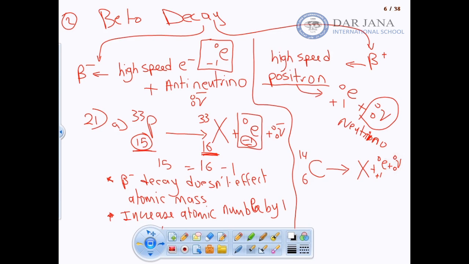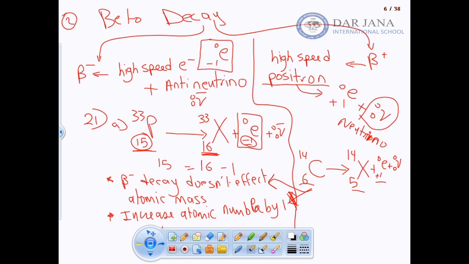The element here should be 5. 5 plus 1 is 6, and here we have 14. Same thing, beta minus decay doesn't affect the atomic mass, but it increases the atomic number by 1.